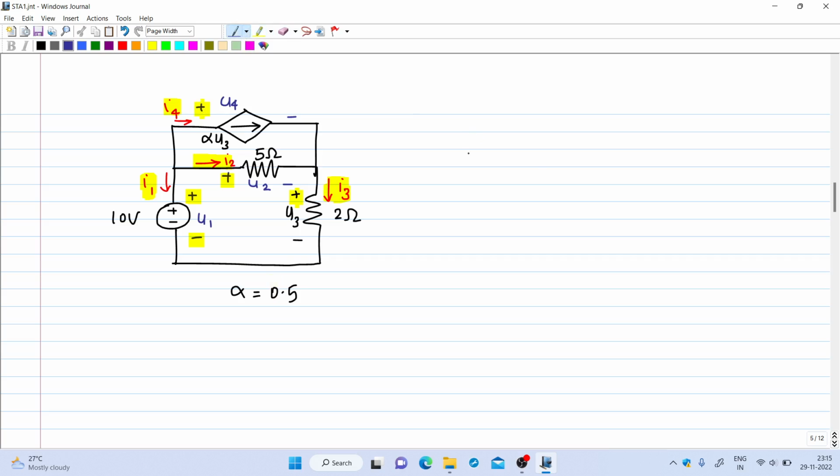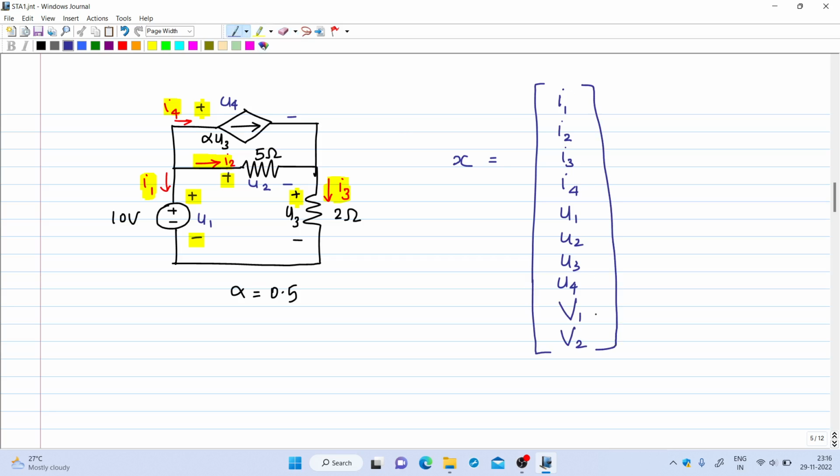So now we can write the variable matrix. The variables are branch currents I1, I2, I3, I4 and branch voltages U1, U2, U3 and U4, then node voltages V1 and V2.